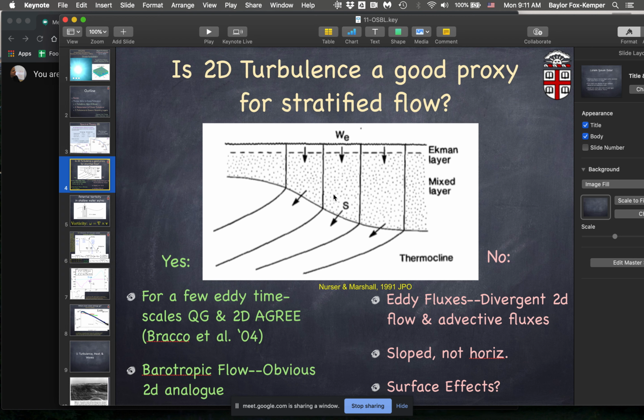One piece that we quickly went over, but I think we should pick up a little, is whether 2D turbulence is a good proxy for stratified flow in the first place. That's not so obvious. We've talked about not only 2D turbulence, but also QG turbulence and QG instabilities. We saw that a lot of things are similar between them, like the Rayleigh criterion has an extension in the Charney-Stern-Pedlosky necessary conditions for stability.